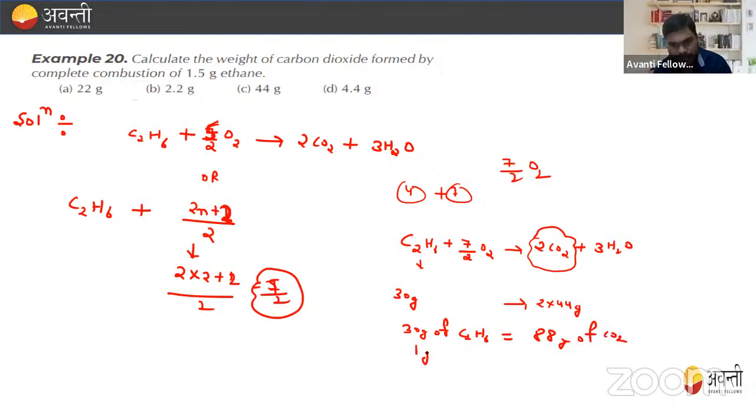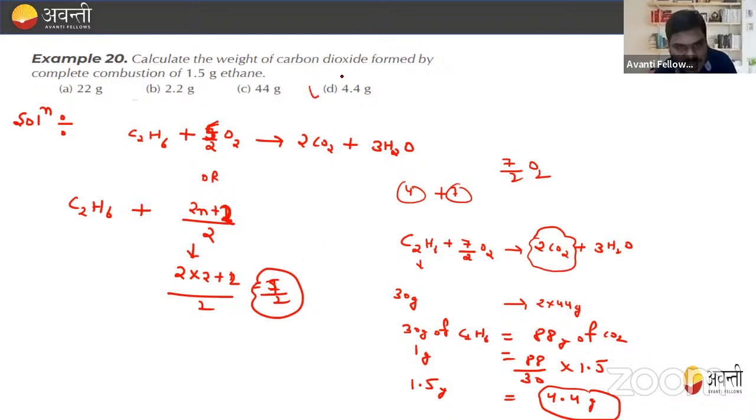So 1 gram produces 88 divided by 30, and in the question they ask 1.5 gram. So 88 divided by 30 multiplied by 1.5 gram. You can easily calculate this. It comes out to be 4.4 gram, right? So it will produce 4.4 grams.